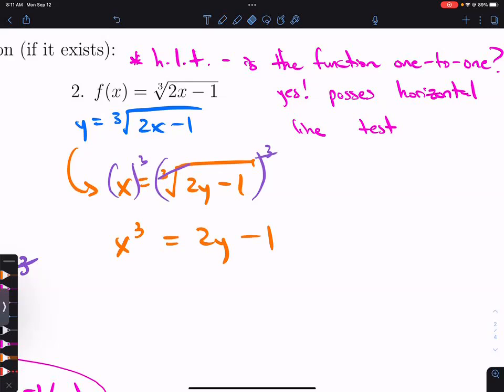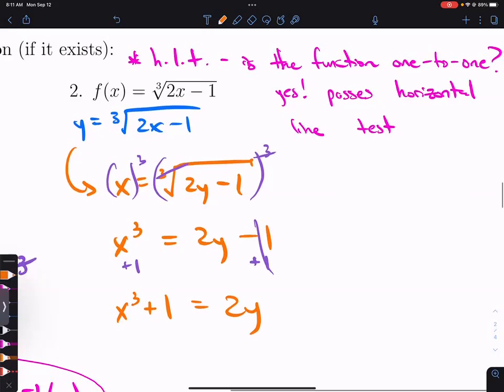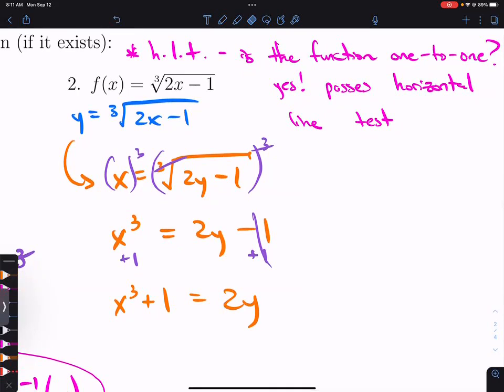Then what? Add 1. We should be sort of gradually moving things away from the right-hand side, or away from the y term, right, which happens to be on the right.